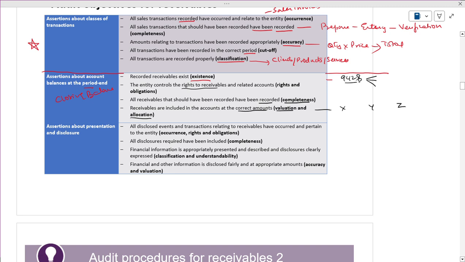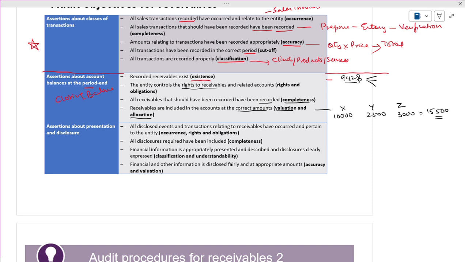You should know that X is 10,000, Y is 2,500, Z is 3,000, then you have to say that the total is 15,500. There should be a valuation and there should be allocation, individually as well as in aggregate.